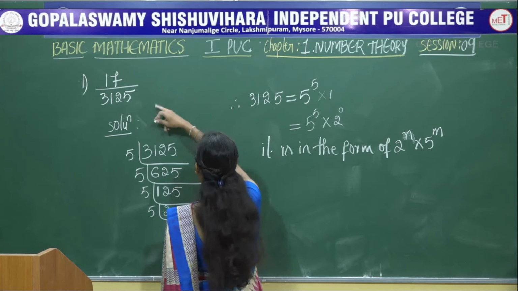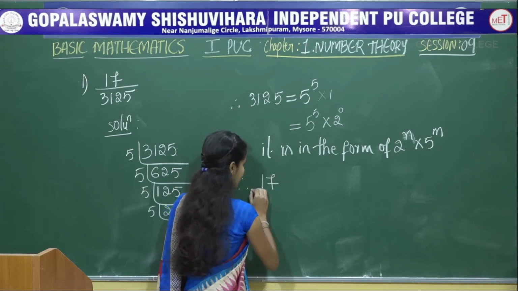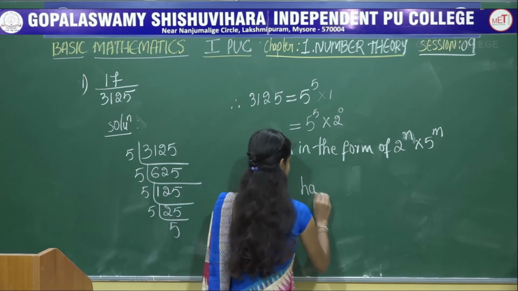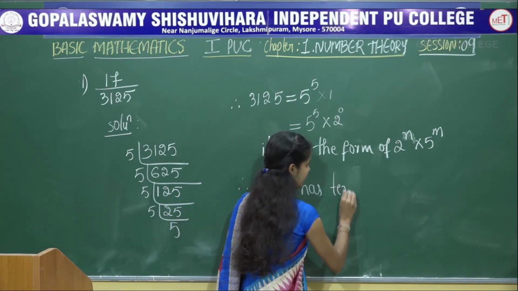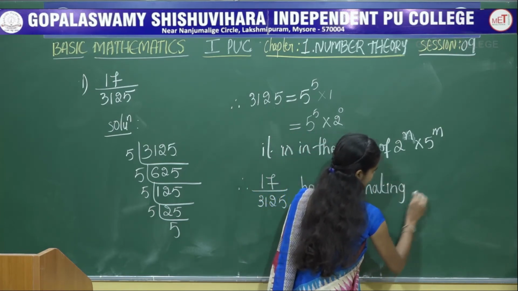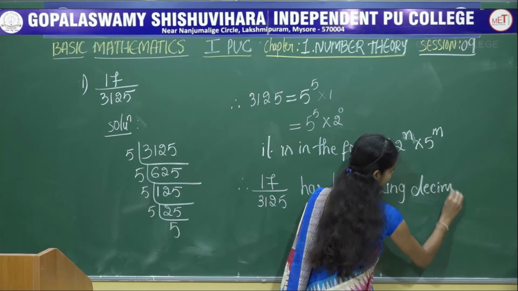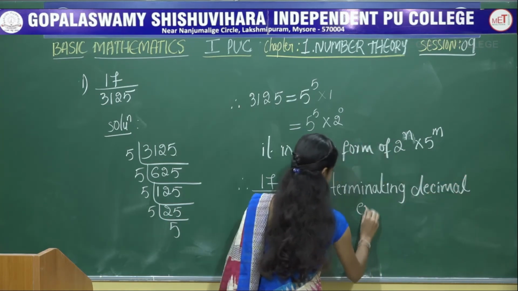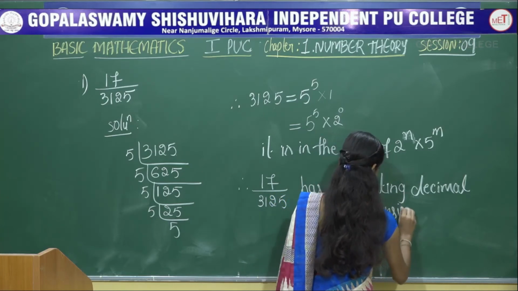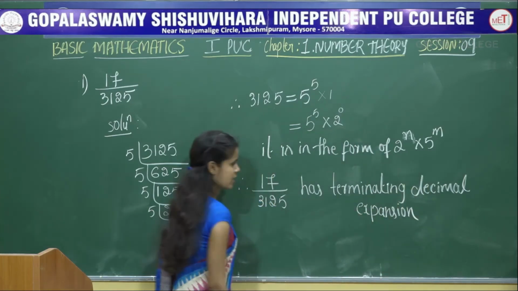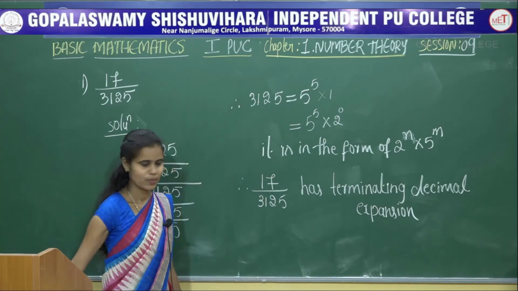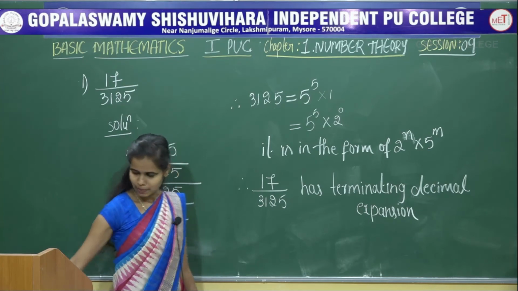Therefore the given rational number, 17 by 3125, has a terminating decimal expansion. Given rational number has a terminating decimal expansion. Okay. Next problem.